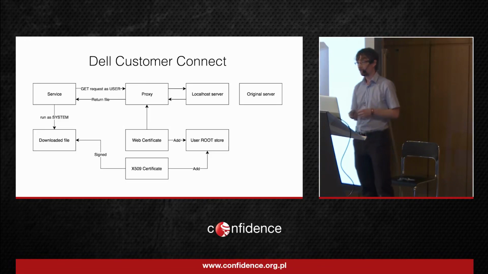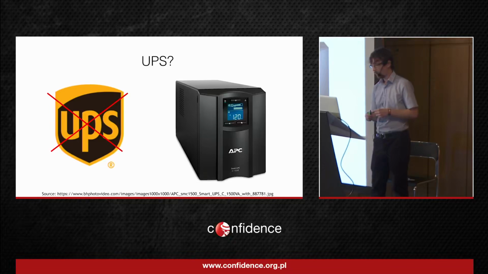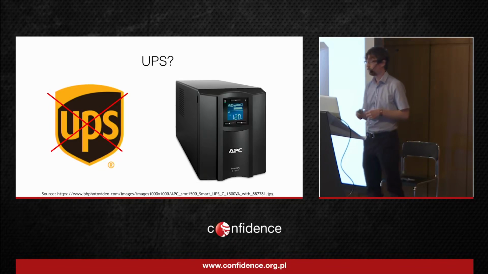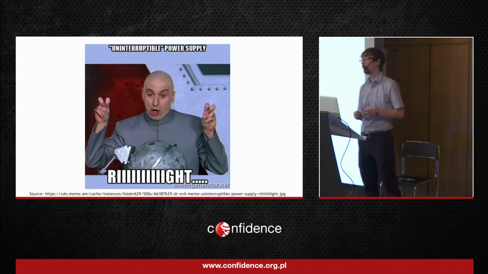And the last type of software I want to show you today is UPS software. I started thinking why the UPS vendors are adding some external software which we need to install on our computers. When I checked a few of them, I noticed that most of them have one functionality in common.